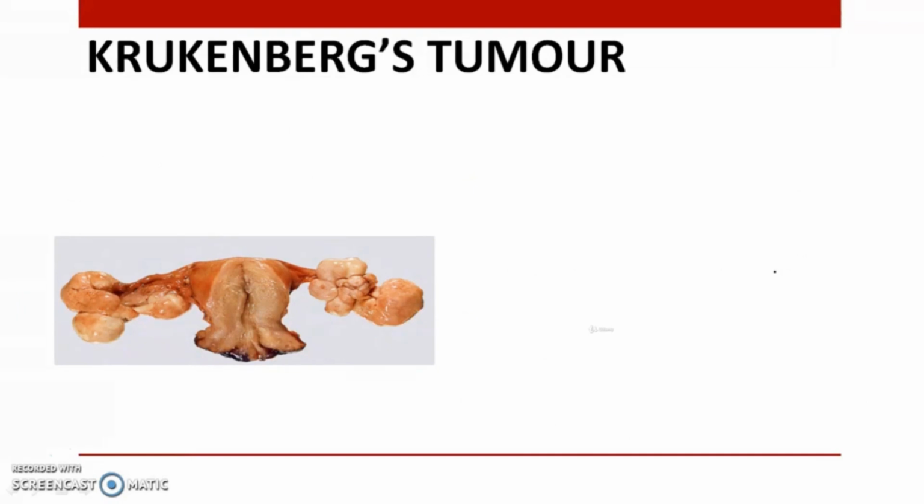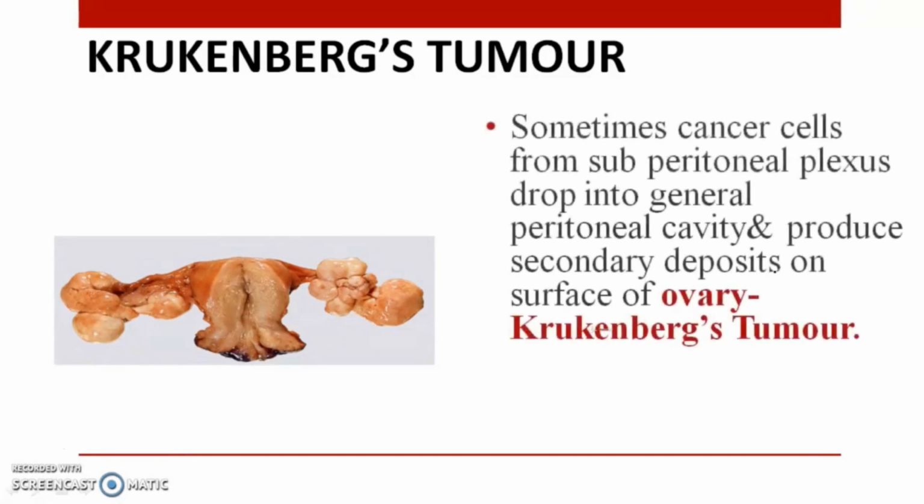Now coming to the clinical aspect, you might have heard a word called Krukenberg's. If you have not heard, fine. Just remember, there is a tumor which we call Krukenberg's tumor, which affects the female reproductive organ, that is the ovary. It is formed mainly by cancer cells that spread to the subperitoneal plexus.